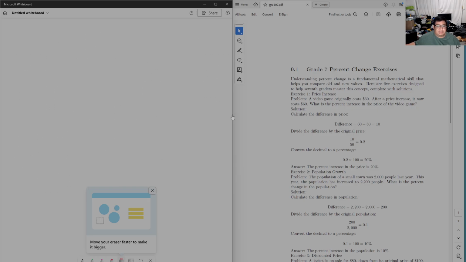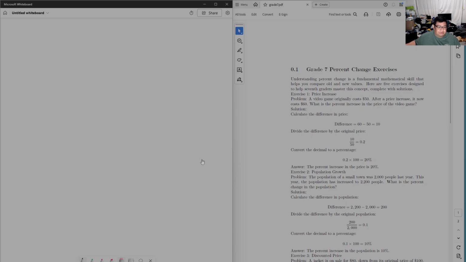So exercise number 2 is going to be about population growth. Exercise 2 says the population of a small town was 2,000 people last year. This year the population has increased to 2,200 people. What is the percent change in the population?